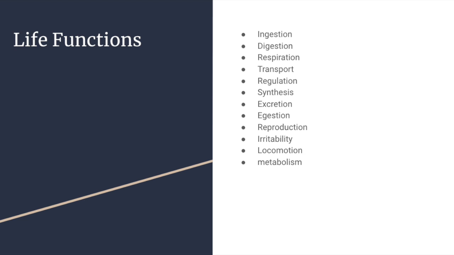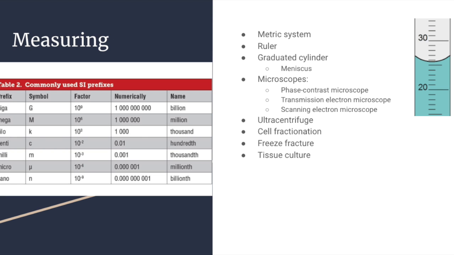On to the metric system and measuring. So you can look at the chart there. For example, there's kilometers, meters, millimeters, centimeters, etc. And then we often measure with a ruler, so make sure you know how to use that.